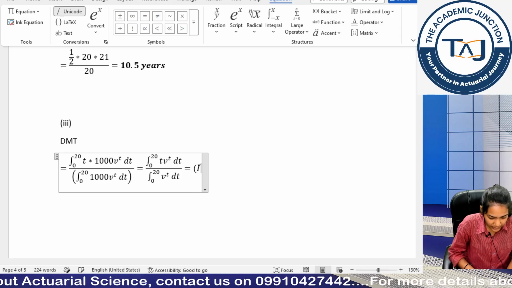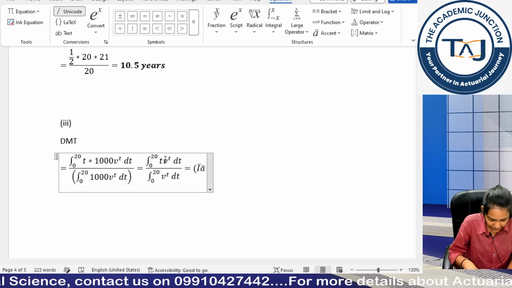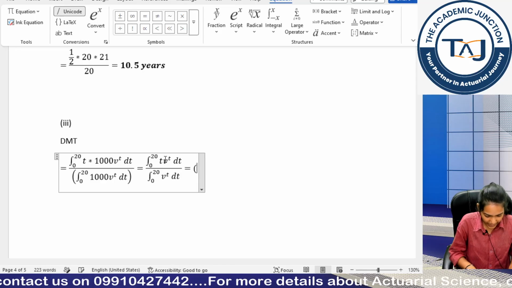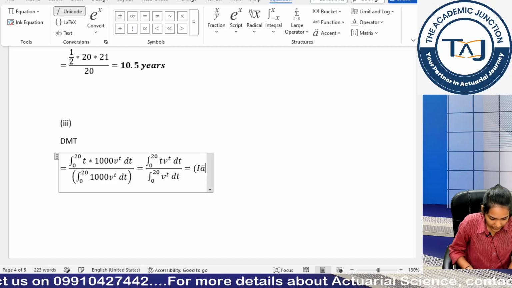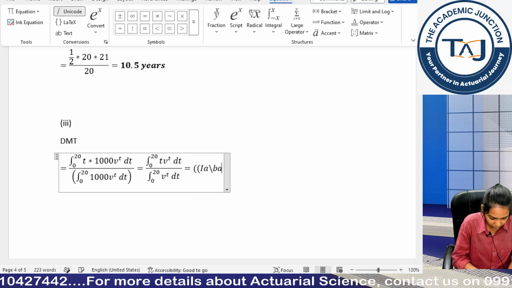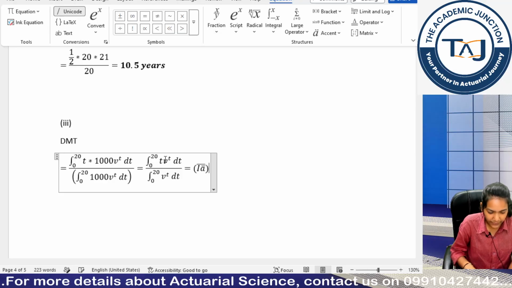Then we have brackets, I bar A bar. So I bar, then we have A bar, clear. Then we have brackets closed. Basically we have I A bar, then we will be using double brackets, sorry. I have already taught you this notation. Then we have another bar over here and then we have again a bar.